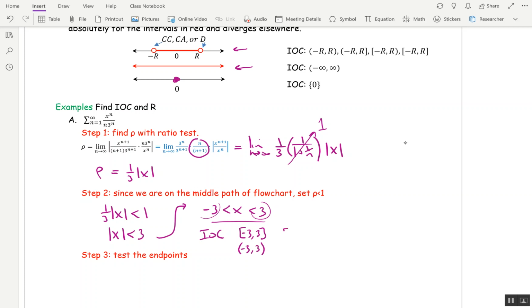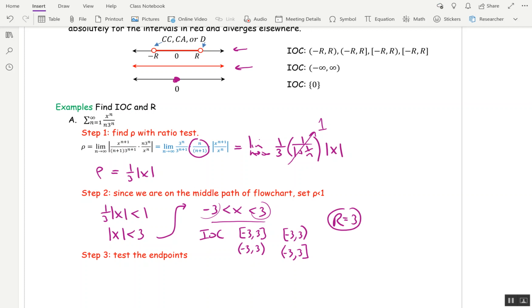It could include the first endpoint, but not the second. Or finally, what am I missing? Not including the first endpoint, but including the second. In any of those cases, I know my radius of convergence is 3, because the width of all those intervals is 6. So I know the radius of convergence already.